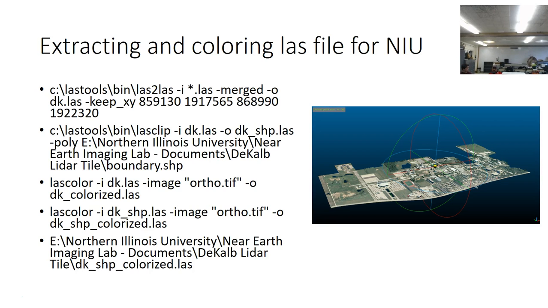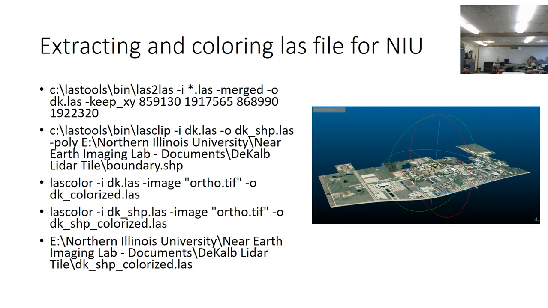Would you be able to merge then zip in the same command line, or would that be a second step? Same command line. You have to have dash merged, and it'll process the merge, then you add dash zip, or it'll actually read all of the commands. They don't need to be in sequence. The main thing is that you'd have a dash I, what you're reading in, and a dash O, what you're writing out.